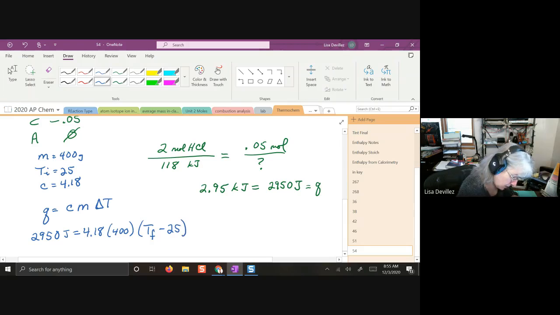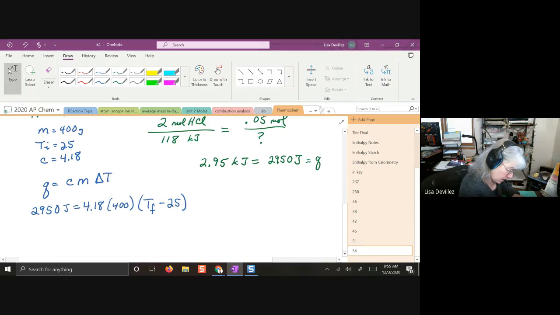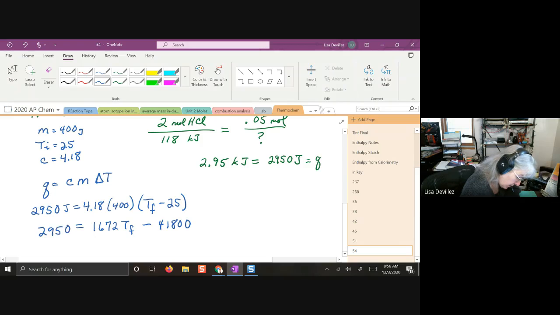My T initial was 25. Okay, 4.18 times 400, so I get 1672 TF minus 41800.